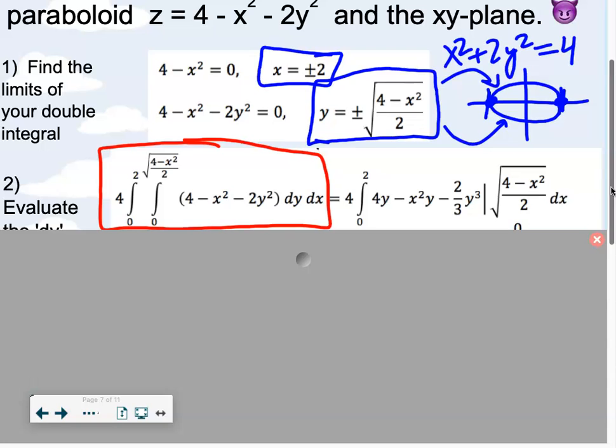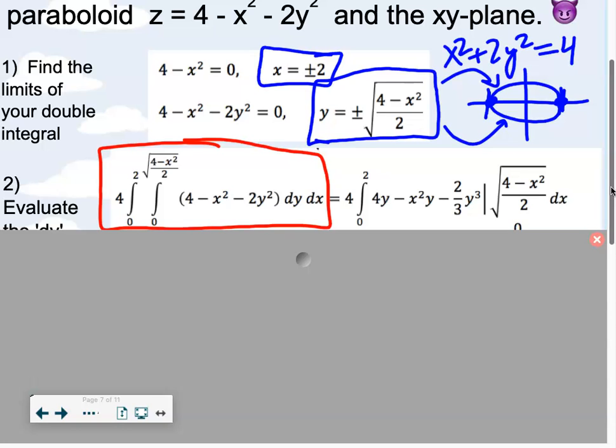You've got to take all the different z's into account. So you've got to make sure not only is your x symmetric, your y symmetric, but your z also has to be symmetric. So in this case, it's a paraboloid. It's going to be the same in every quadrant. But you got to just keep that in mind when you do the little shortcut.